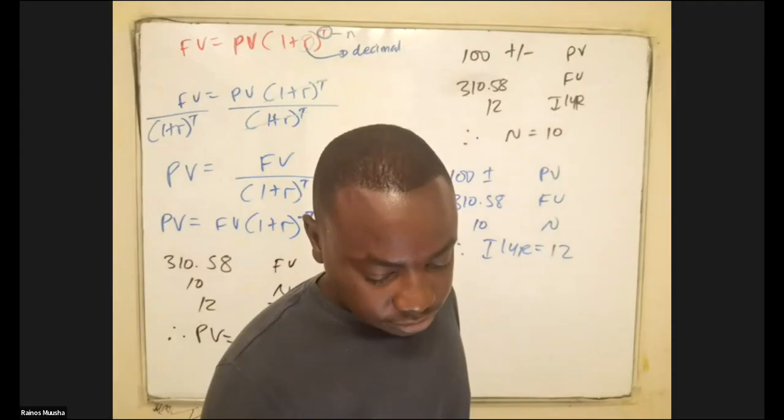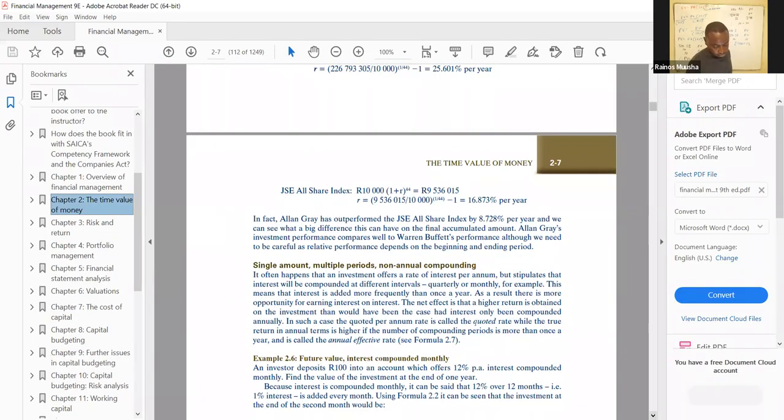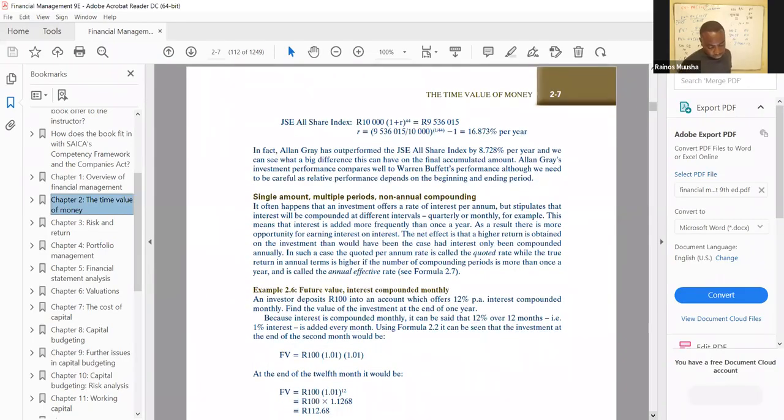On the next section, we look at single amounts, multiple periods, and non-annual compounding. To understand this better, they give us example 2.6. Can you quickly read through example 2.6 and we go through it together?